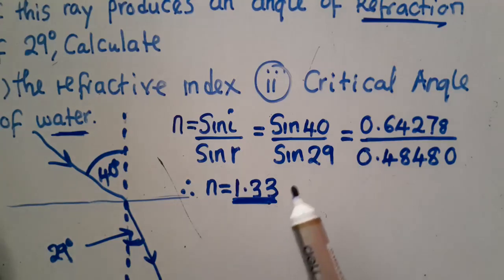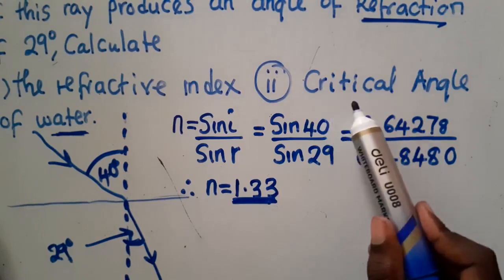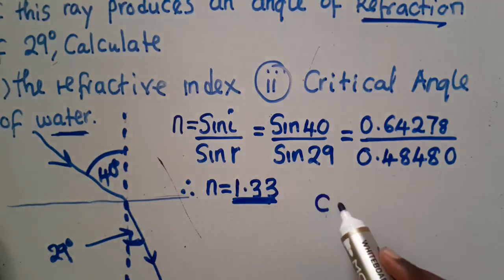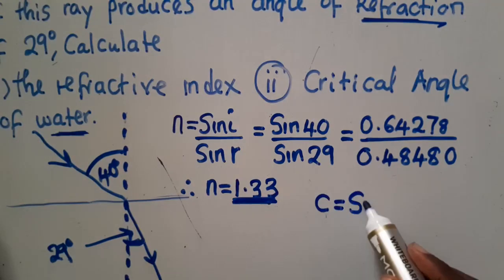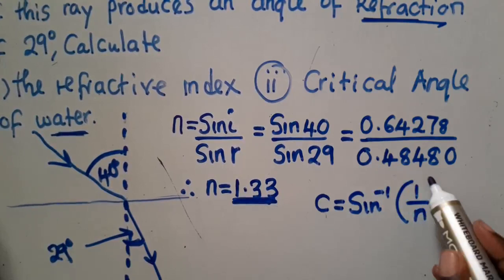If you go through the notes, you discover that this is the same refractive index that was given. Then we go to the next part of the question, which is the critical angle of water. What are we supposed to do? We know that the critical angle is a particular angle of an incident ray. The formula we use each time we want to calculate the critical angle is: critical angle equals sine inverse of 1 over refractive index.